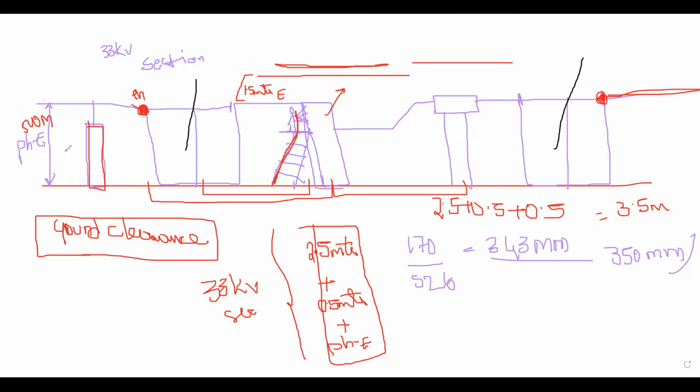But maybe tomorrow a person walking in this substation may accidentally hit these insulators. So the insulator will be damaged and it will create a fault. Insulators are sensitive equipment, right?